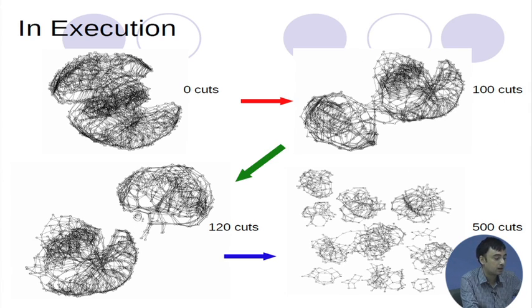Then there are 120 cuts, you already see that there are at least 2 components, and then with even more, like 500 cuts, you see that small sub modules get generated, and each of these are much more denser sub modules which can be thought of as correlates of the community structure of the network. So, in this way you can actually envisage to construct the community structure of various real world networks using this bisective method.